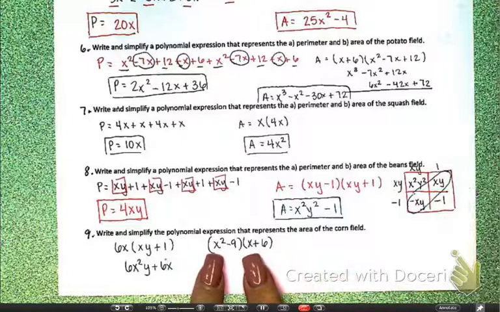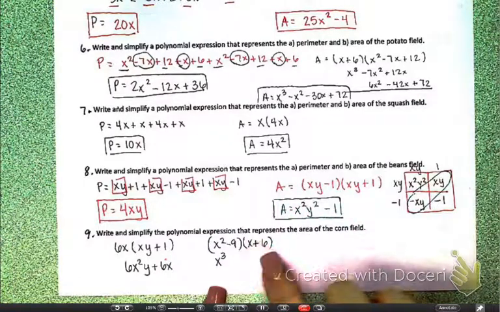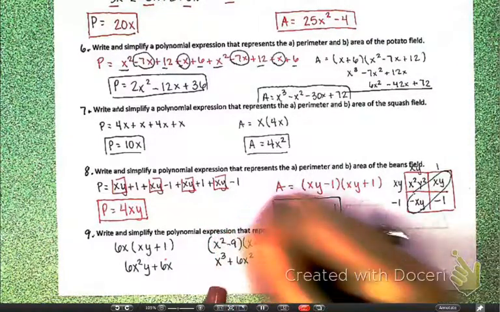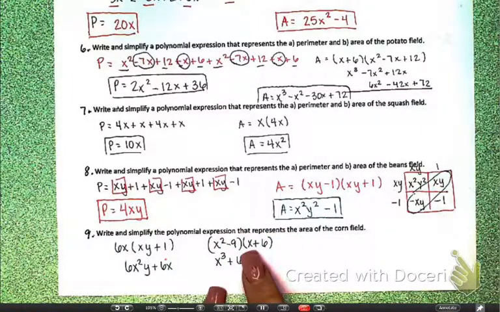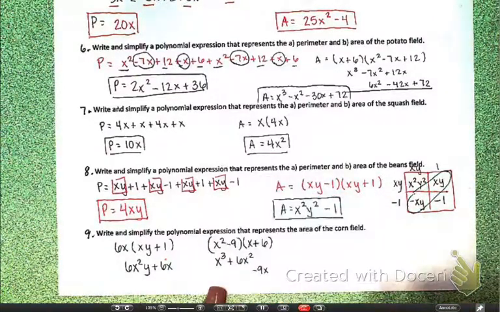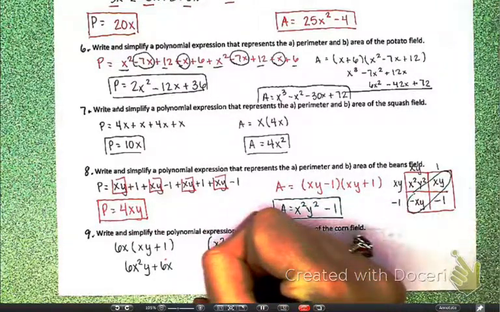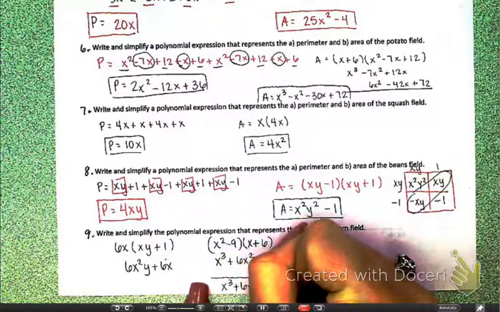So x squared times x. x to the third. x squared times 6. 6x squared. Negative 9 times x. Negative 9x. Negative 9 times 6. Negative 54. There are no like terms for those, so I can just rewrite it all in one line.